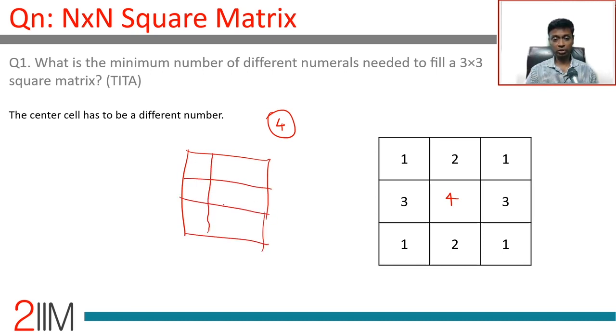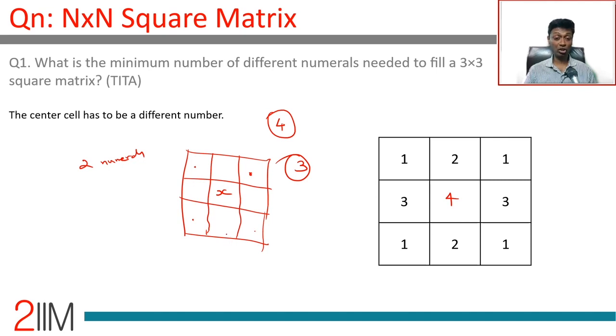So think about this. The middle cell has to be different, X. So if we were able to do it within 3, then the other 8 cells have to be filled with 2 numerals. Whatever's in this corner can go into this corner and into these 2.